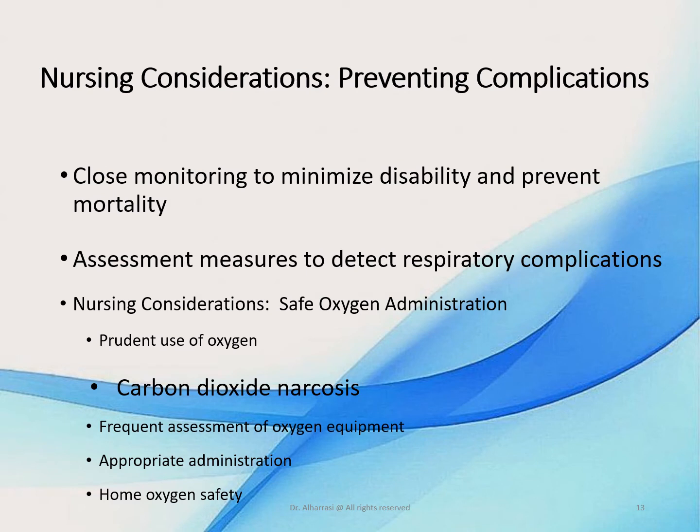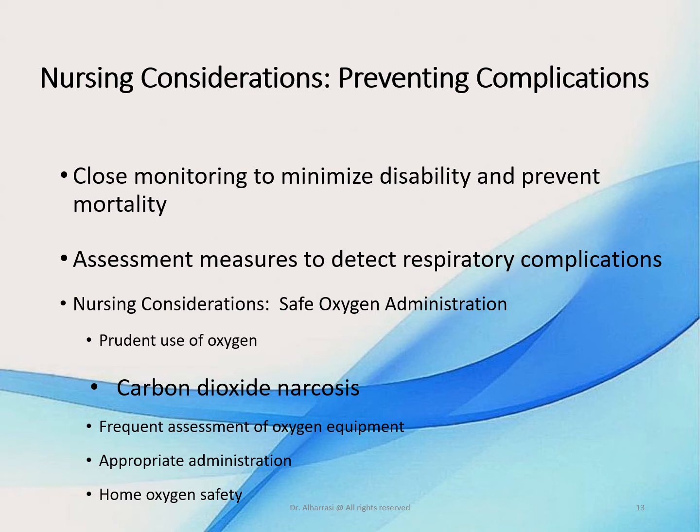We need also to do close monitoring to minimize disability and prevent mortality, such as by monitoring the body oxygen levels, and also to monitor, for example, the sputum colors.